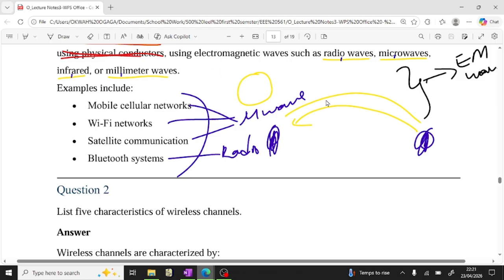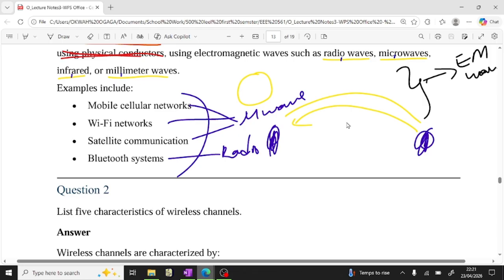So they are communicating through air, yes, but that part in which they communicate, that is the channel. Although it's wireless, they are communicating. Okay, so what are the characteristics of the wireless channel? What's the behavior of this wireless channel? That's the idea of this question.